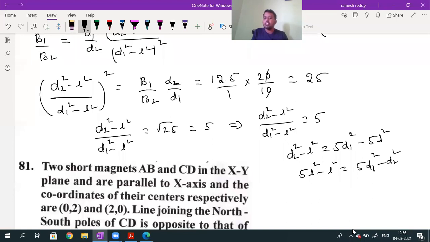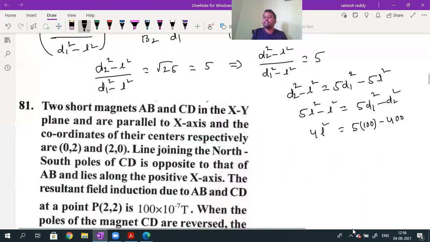So this is nothing but 4 into L square. 4 into L square will be equal to 5 into (D1 square, which is 100, minus D2 square, which is 400). 20 whole square is 400, 10 whole square is 100. So 4L square is 500 minus 400, that is 100. So L square will be equal to 100 divided by 4, which is 25.